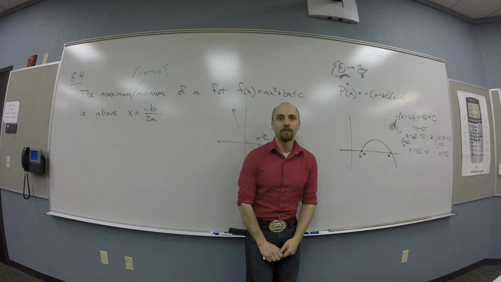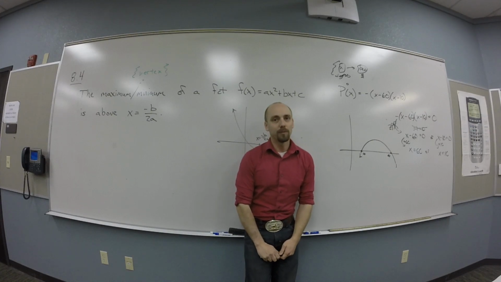Okay, so I want to find the middle of this thing. Should be halfway between the zeros, right? So what's halfway between 10 and 60? Okay, how about this? How far apart are 10 and 60? 50, maybe?